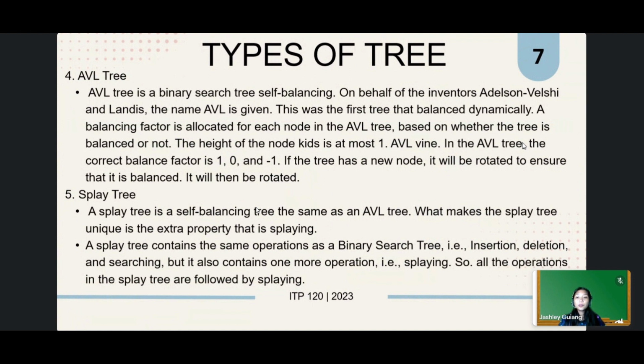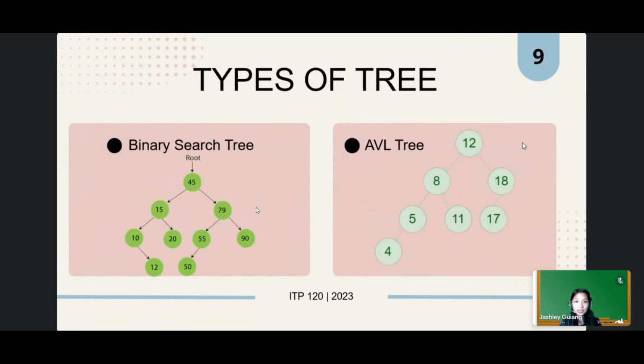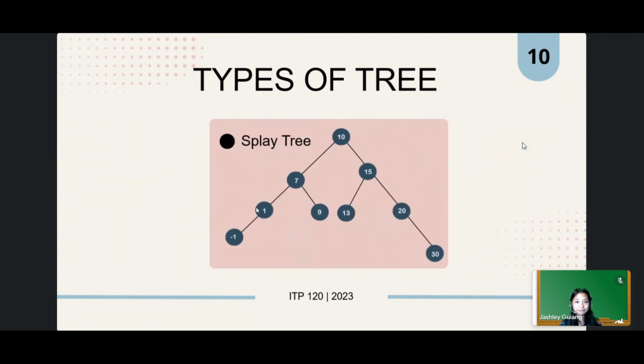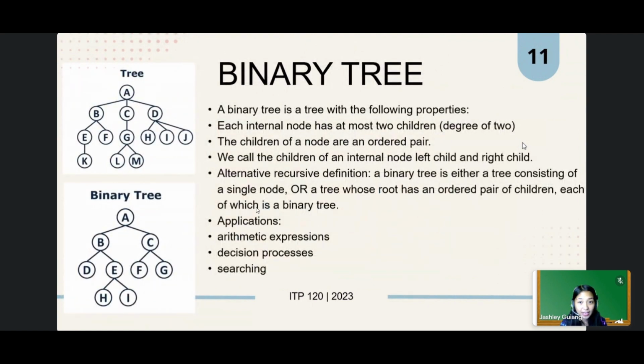All operations in the splay tree are followed by splaying. So here is an example of a splay tree. It's also a self-balancing tree, just like the AVL tree.